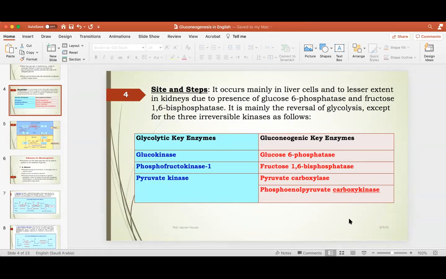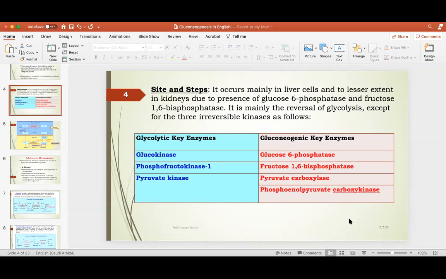Today we will complete the topic of gluconeogenesis. I will make revision for 2 slides only. If you do not study gluconeogenesis, you will not be able to understand regulation, because regulation depends on your studying of gluconeogenesis, and you should have understood gluconeogenesis. Again, I will revise 2 slides only.